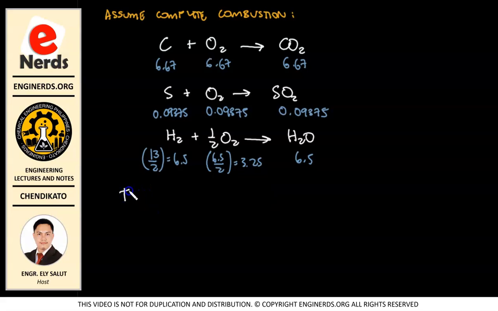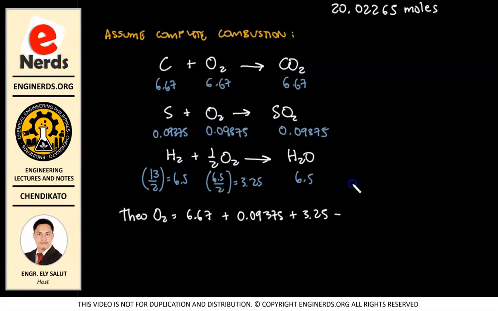So theoretical O2 is equal to this O2, which is used in converting carbon to CO2, 6.67, plus this O2, which is the oxygen used in converting sulfur to SO2, 0.09375, plus this O2, which is 3.25.